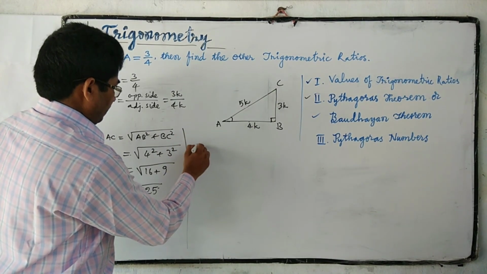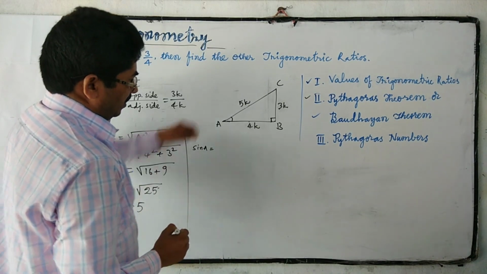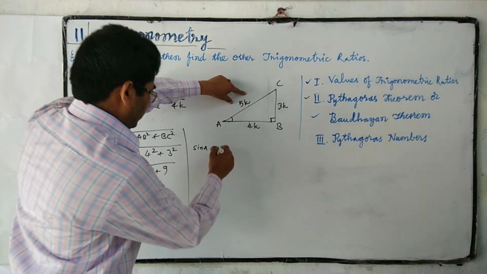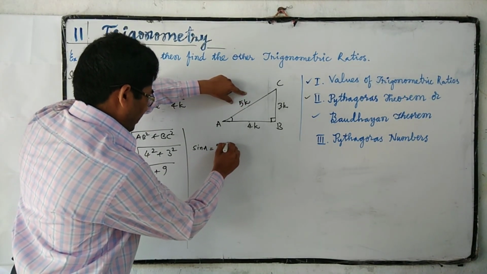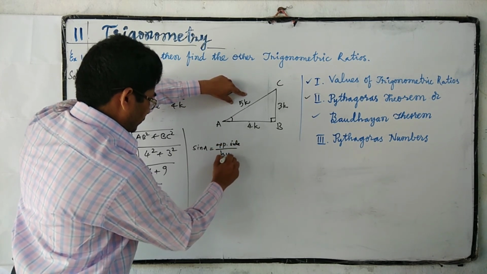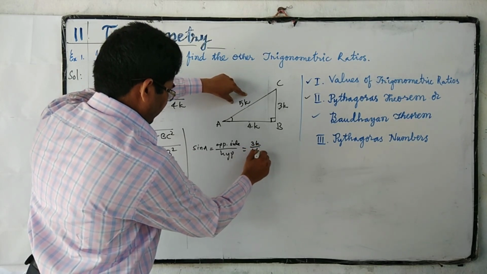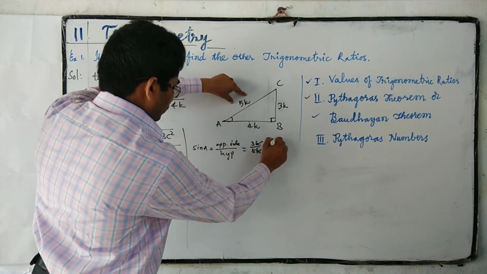Sine A is equal to opposite by hypotenuse, 3k by 5k, which is equal to 3 by 5.